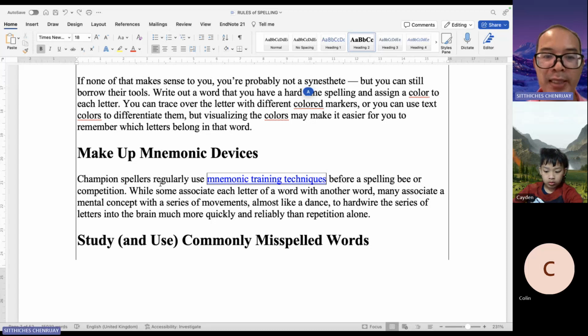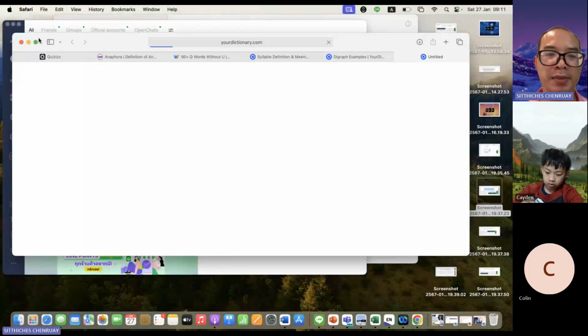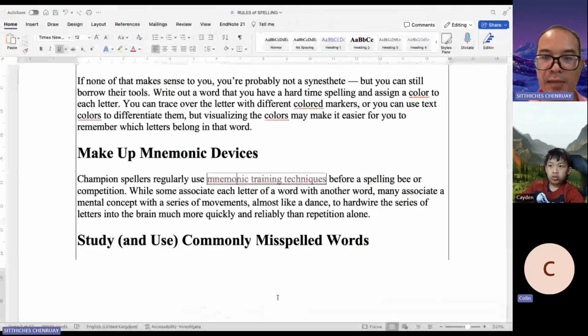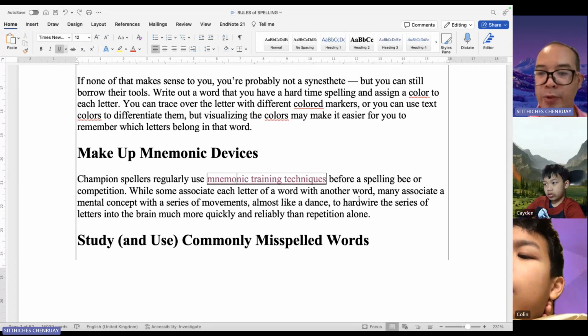Champion spellers regularly use the mnemonic training technique. What is it? Mnemonic. Before a spelling bee or competition, some associate each letter of a word with another word.